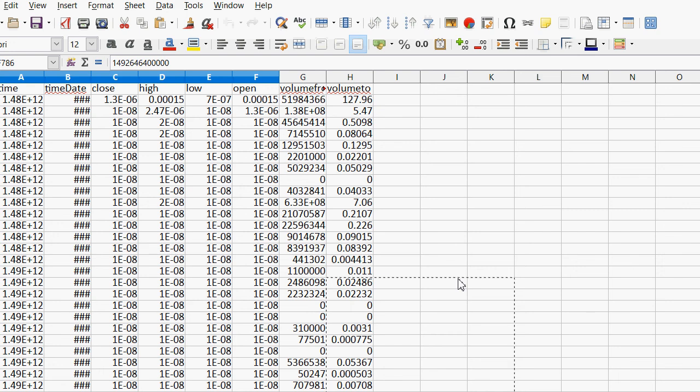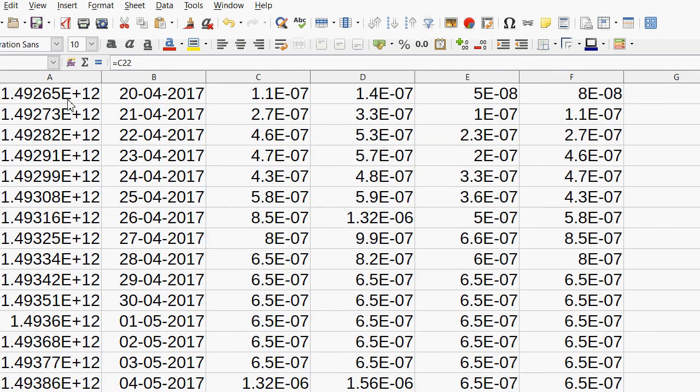This is what I got from, what was the website called again? It's cryptocompare.com. Yeah, cryptocompare.com. So I took the data from here and then I copied and pasted it here. So this is the close, the high, the low, and the open.